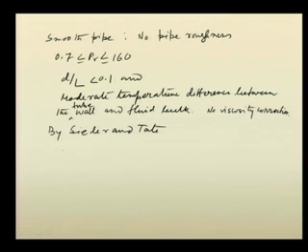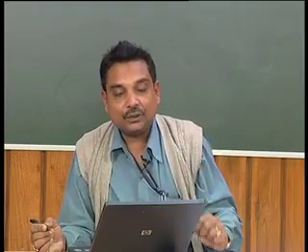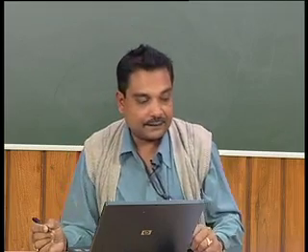The same case, the only change is that Nusselt number equals 0.027 Reynolds to the power 0.8, Prandtl to the power 0.33, and mu by mu w to the power 0.14. This is a very famous empirical relation, very commonly used in all heat transfer calculations. Once we know the value of the Nusselt number, we can find the value of the heat transfer coefficient h.